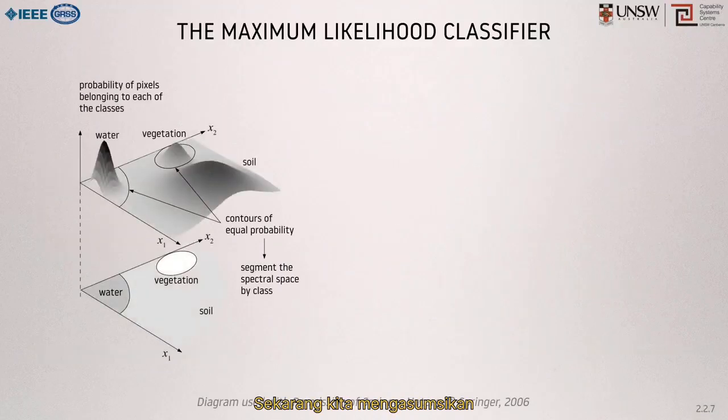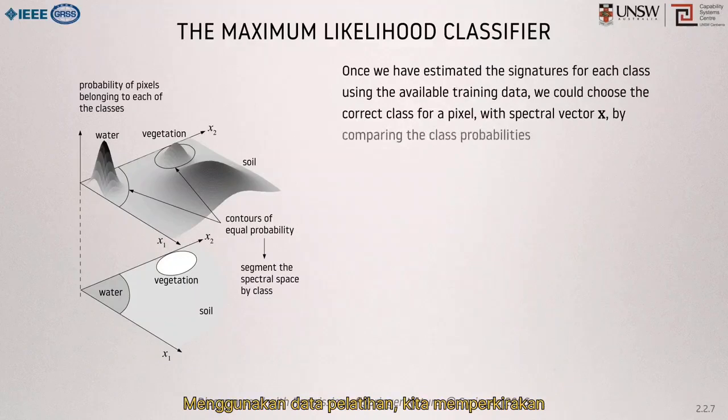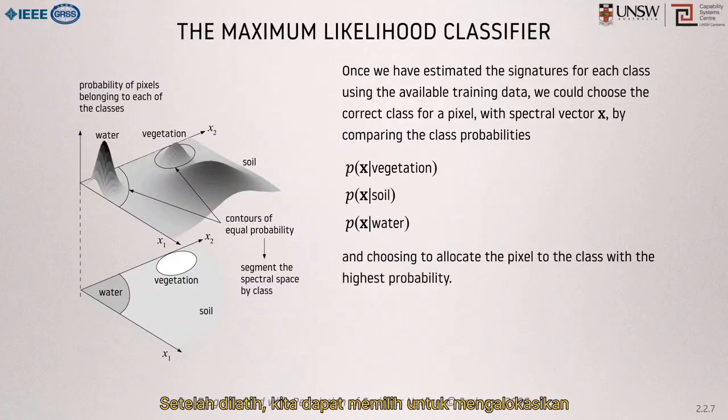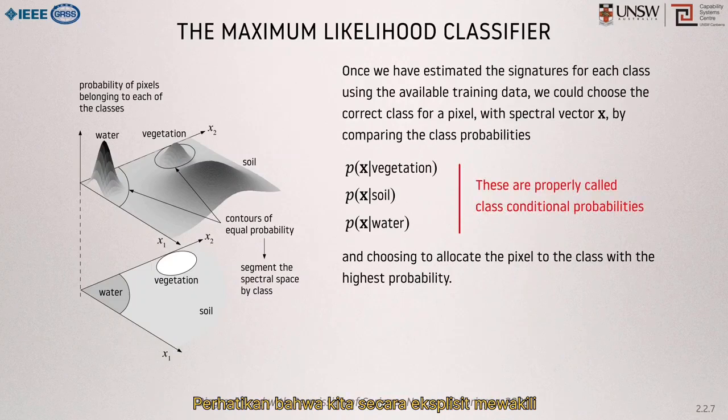We now assume a normal probability distribution for each class, using training data we estimate the means and covariances of the classes. Once trained, we can then choose to allocate an unknown pixel with measurement vector x to the class of highest probability. Note that we are explicitly representing the probabilities as class conditional probabilities.